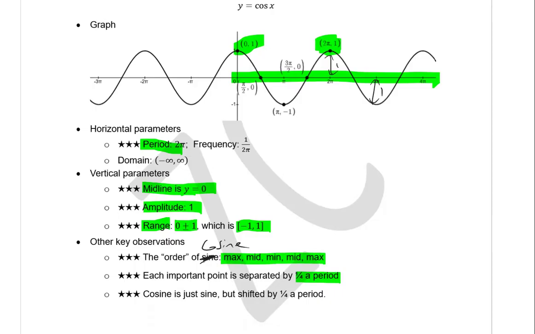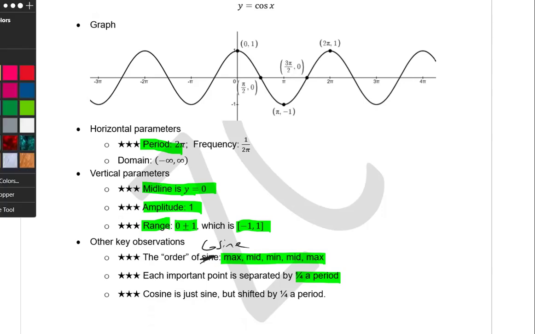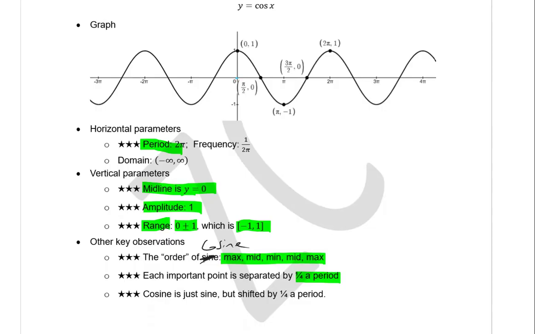Okay, let me do some erasing. How did sine of x look? It started here. Can I use a different color? Hopefully you'll be able to see it. Let me try to use light blue. Sine started from the mid, went up to the max, mid, min, mid.